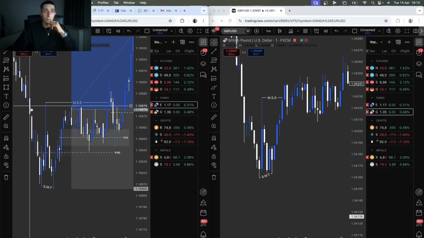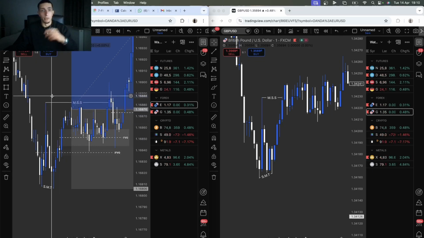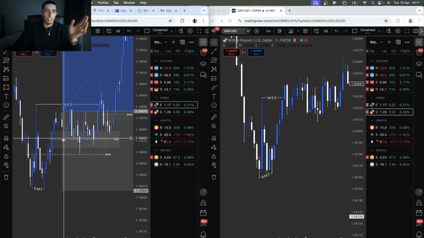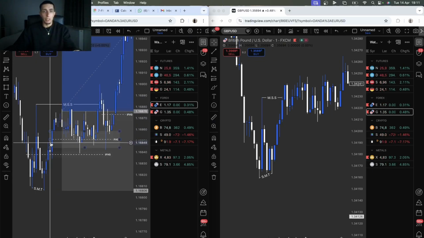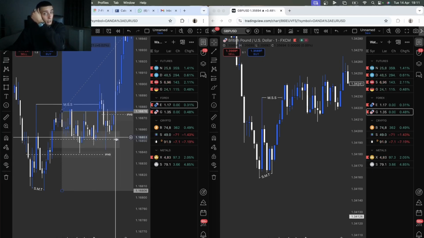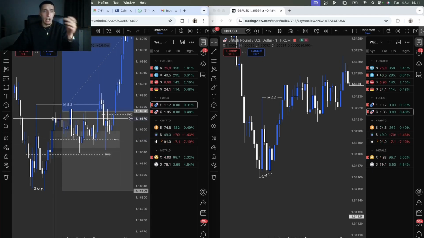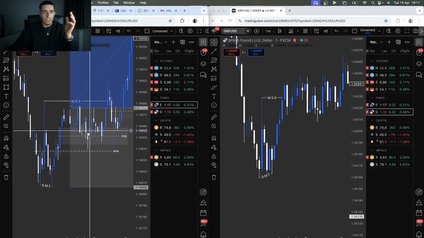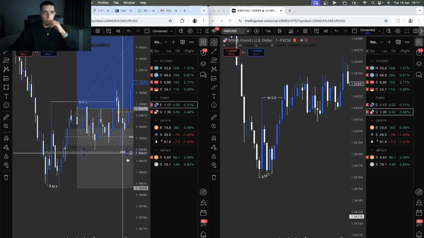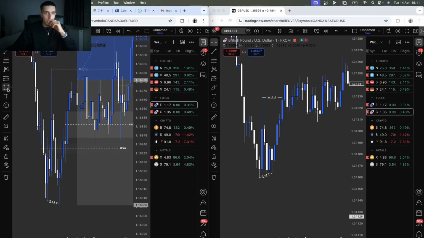Now all these gaps got taken as well by this candle, these two gaps as well, here as well. But anyway, the market structure shift was created and it left behind a beautiful fair value gap. Now this fair value gap was holding up really nicely. The reason I entered here and I didn't enter as soon as it tapped into this fair value gap is because if we zoom in, we can see a fair value gap here that got respected a small bit, right?